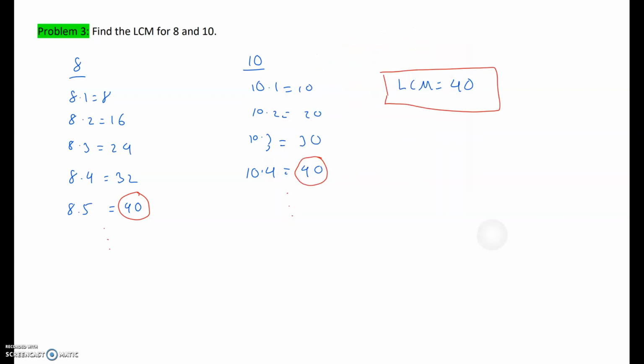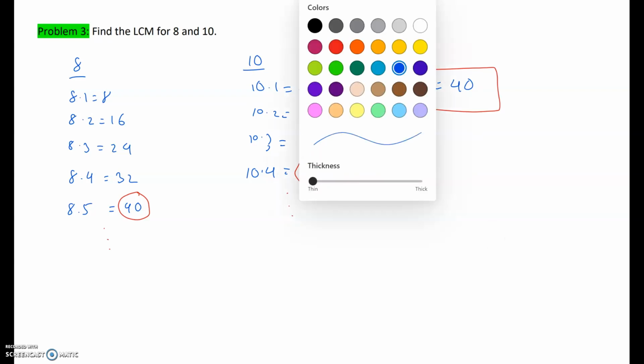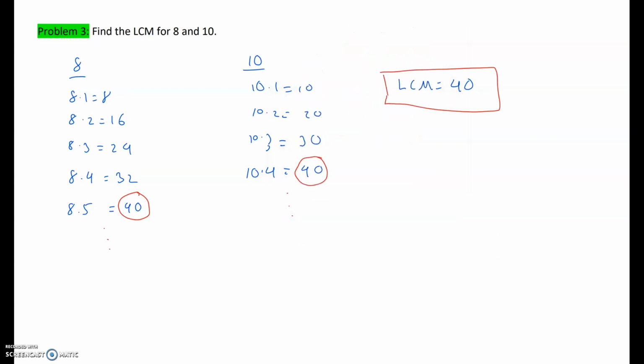So let's take a look at the prime factorization, and I'll do it on the side. For the value of 8, this is equal to 2 times 2 times 2. And for the value of 10, this is equal to 2 times 5.